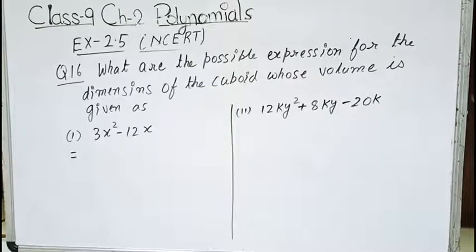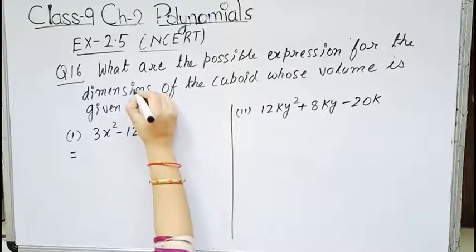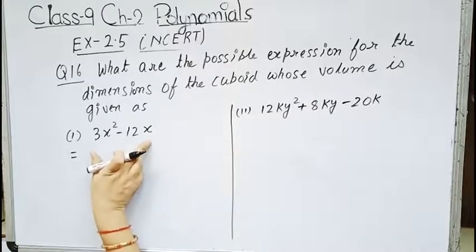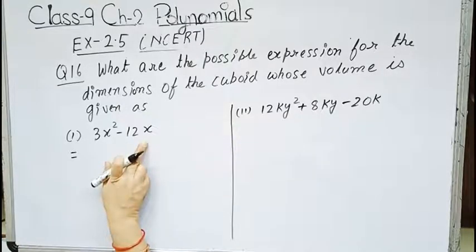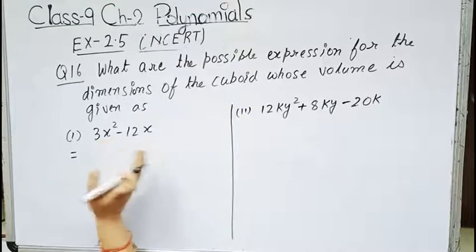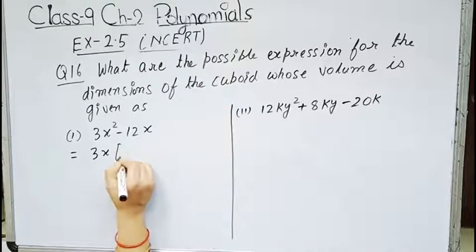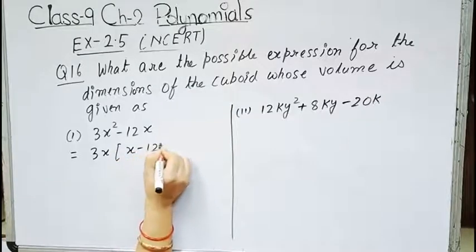Question number 16 of exercise 2.5 is, what are the possible expressions for the dimensions of the cuboid whose volume is given as? Two values are given. For number 1, let us write this as 3x square minus 12x. First take out the common. So we will be taking out common 3x. The left term is x minus 12.